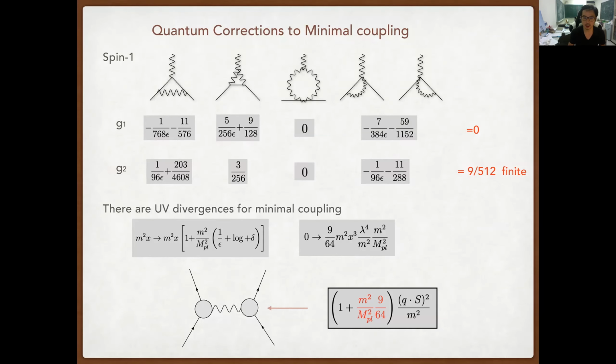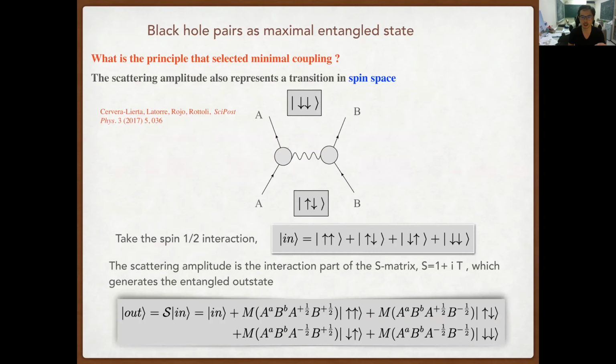Okay, finally, I guess I only have 2 minutes, so let me just briefly mention that there's also some interest. As I mentioned in the beginning, there's another question about what would be the physical principle that selects these minimal couplings. One of the things you can ask, since this is a scattering process that involves spins, is about entanglement in the spin space.